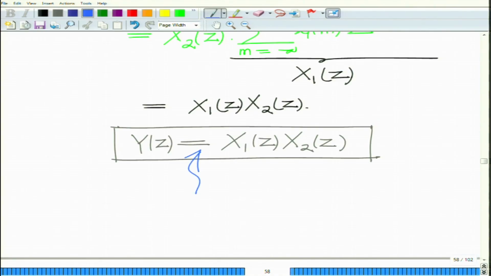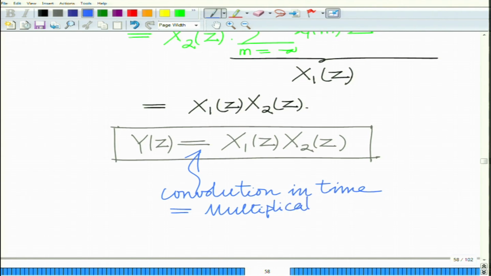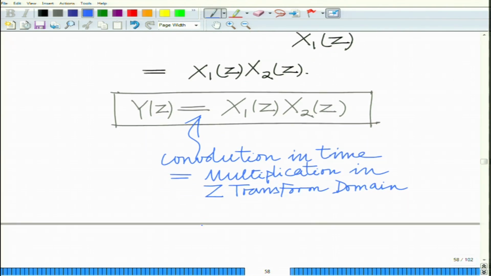This is an interesting property which says that convolution in time is multiplication in the Z transform domain. So, if you convolve two signals, the Z transform of the resulting signal is the multiplication of the Z transforms of the signals being convolved.